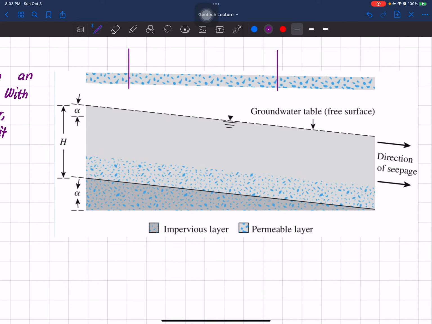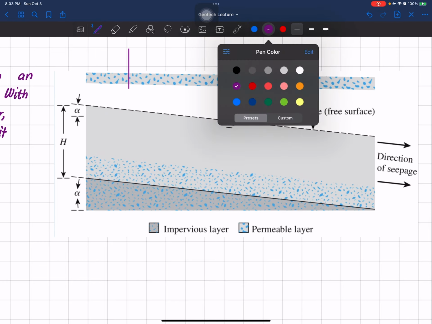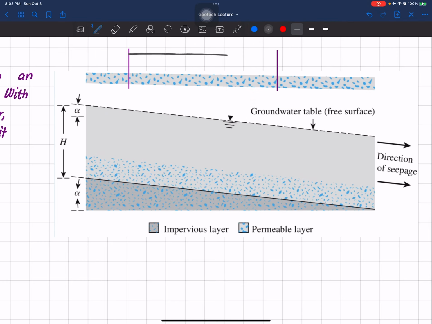I-label ko ito. Itong horizontal distance between the two piezometers, this will be our length. Okay, take note that's the L. Okay. Now, what is your delta H? So, delta H is just actually equal to the difference in elevation of the water surface.